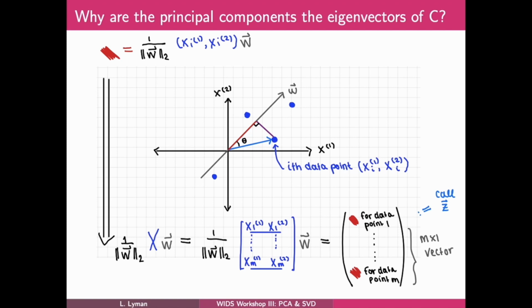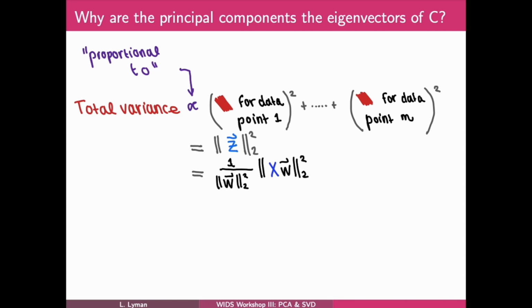So in particular, in order to get the total variance, we are doing this sum of squares, ignoring a proportionality constant for now, and that is exactly the 2 norm of z squared, which we have just calculated to be the 2 norm of capital X times w, all squared, and then again scaled in the front by 1 over the norm of w squared.